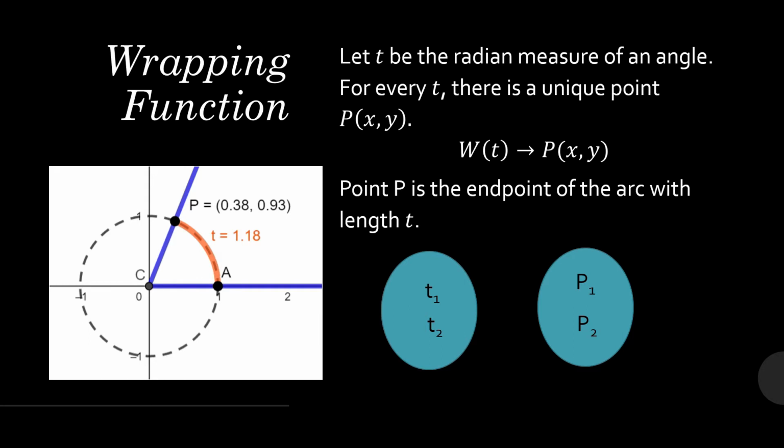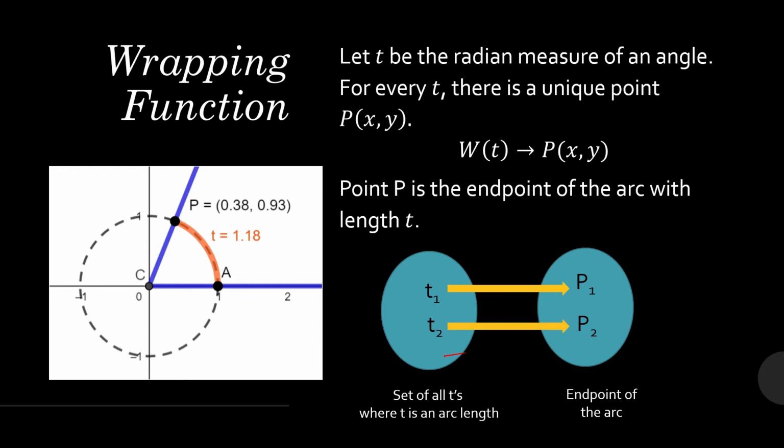You are matching the elements of the set containing all possible angle measures, given in terms of the length of the arc, and each of these t's is matched to an endpoint of the arc. That endpoint has a pair of coordinates which we call x, y.